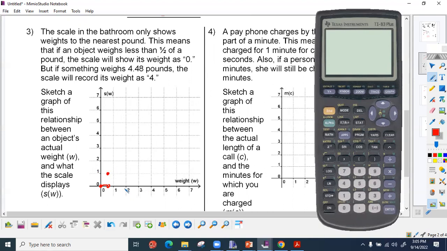Does that make sense? And if I weigh 1.5, will it show 1 also? Will it say 1.5? Will it show 1 or will it show 2? It'll show 2.